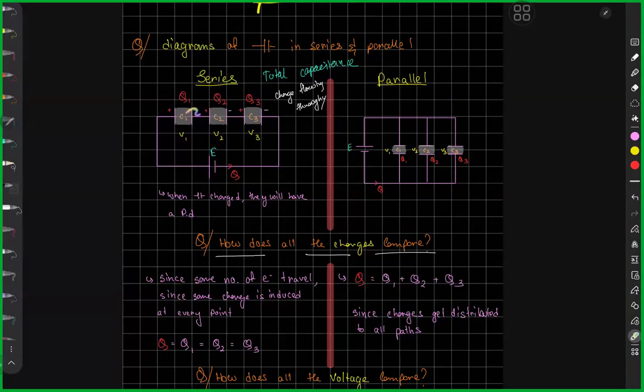If you sum up the potential difference across here, here, and here, the sum of all the potential differences will equal the EMF, or the supplied potential difference. Get this?